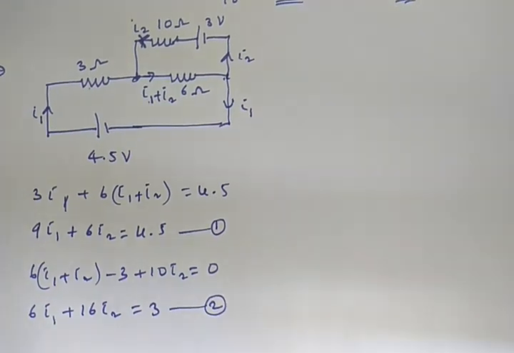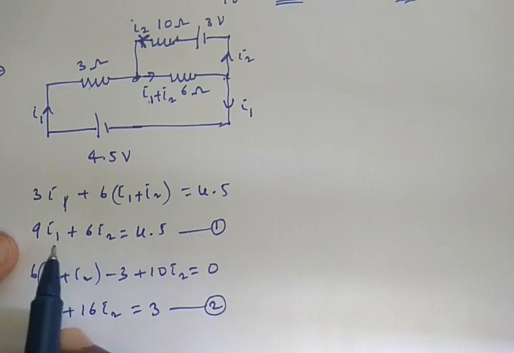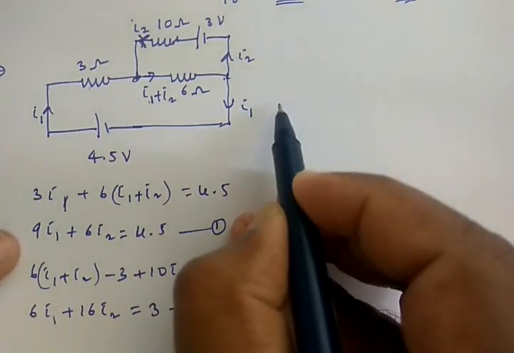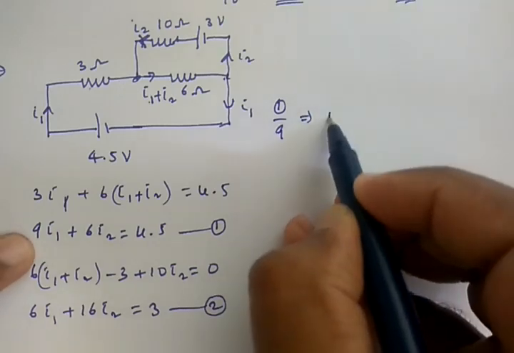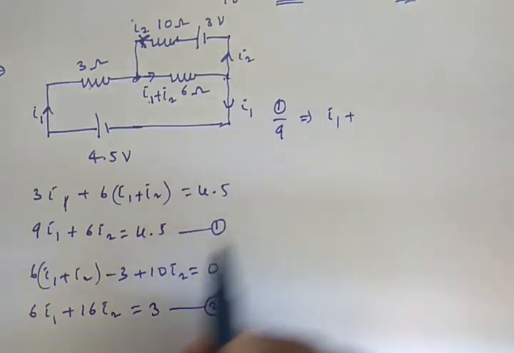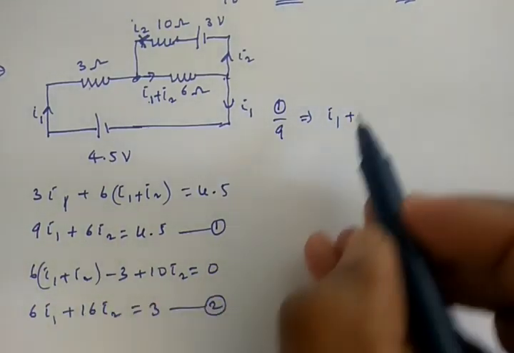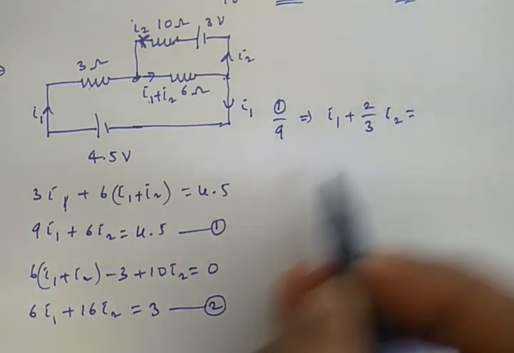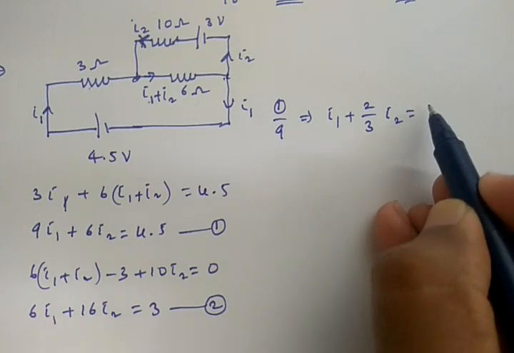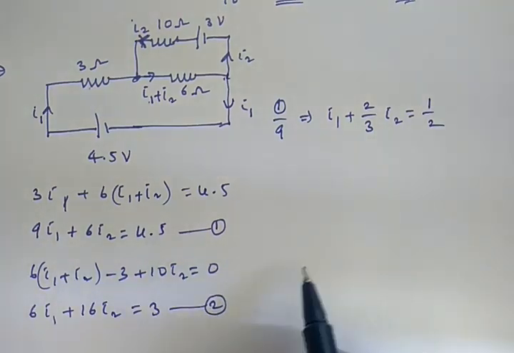Now let us divide the first equation by 9. That implies I1 plus 6 by 9, which is 2 by 3, I2, equals 4.5 by 9, which is 1 by 2.